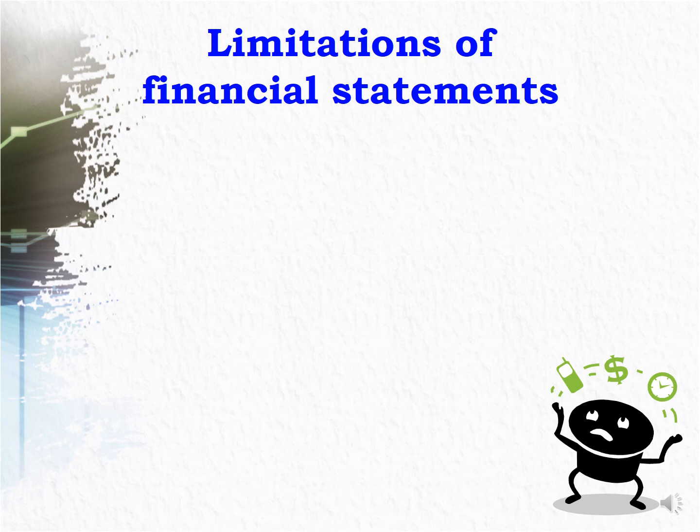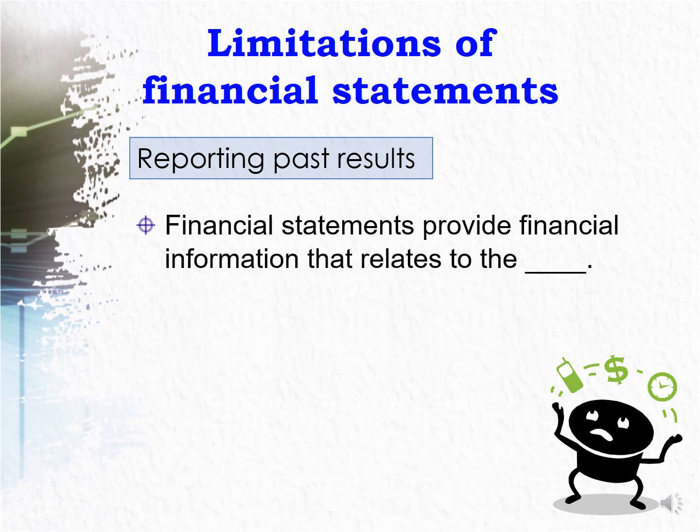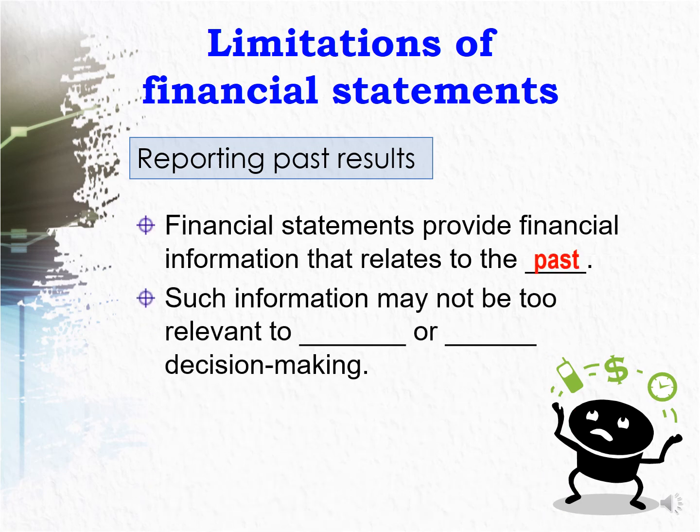The second limitation of the financial statement is that it reports past results only. The financial statement only provides financial information related to the past. So such information may not be very relevant to current or future decision making. For example, if we prepare the 2019 financial statement, we may find that we earned a lot of profit, maybe because in 2019 the economy was so good.